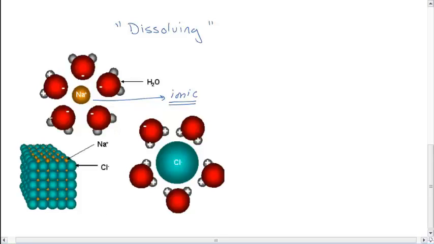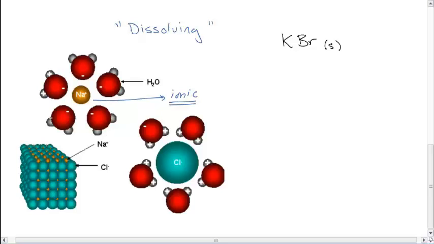Chlorine has a negative charge, and it's going to be really happy to be surrounded by the positive charges of the water molecule. So, quick recap. Ionic compounds, this time I'll use a different one, KBr as an example, potassium bromide, can exist as solids.